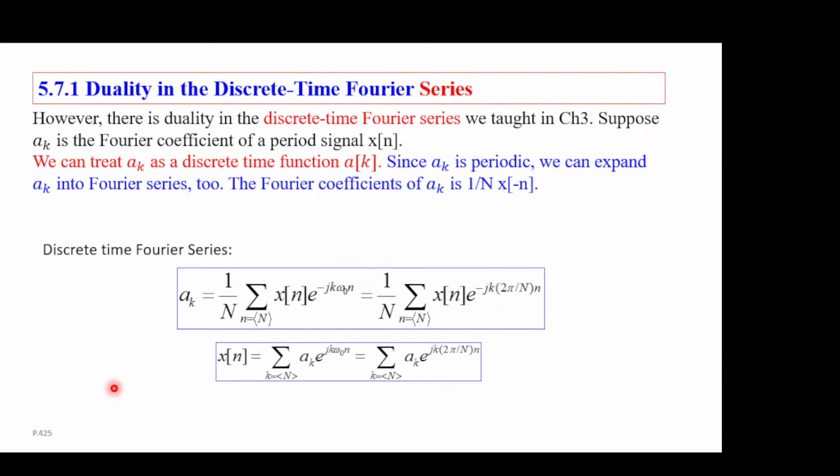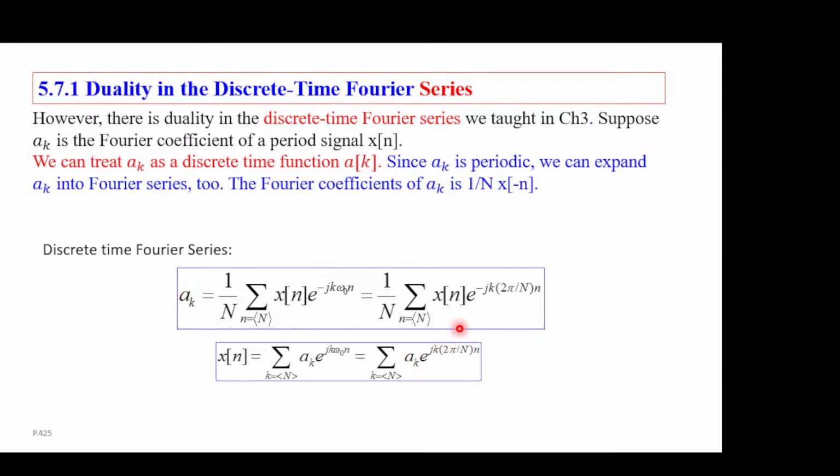And also if you look at those two equations, you see they are very similar. a_k is the summation of x[n] times a complex exponential with minus sign, and also 1 over N. And x[n] is the summation of a_k with also a complex exponential but with plus sign.